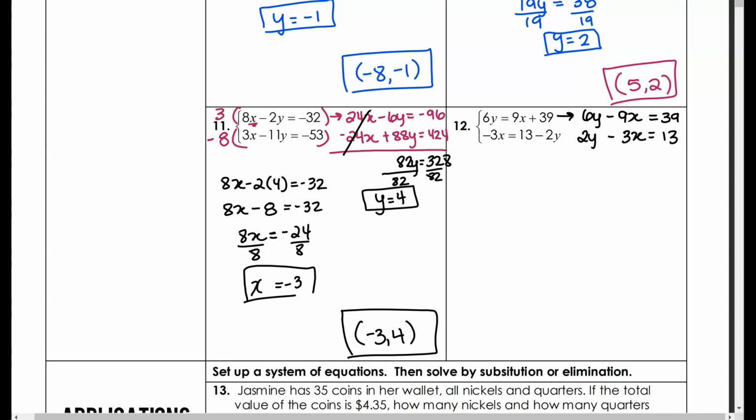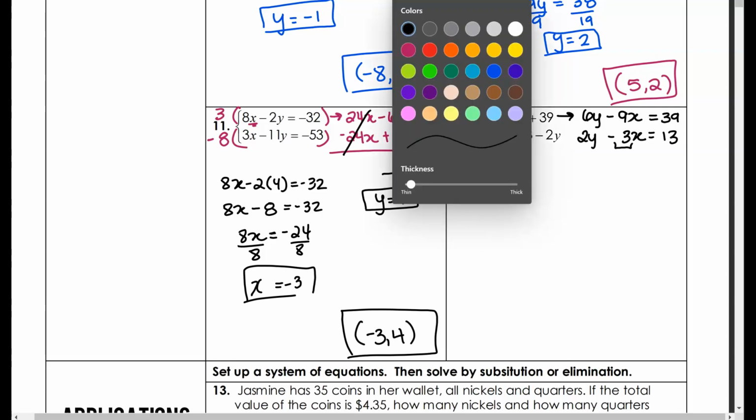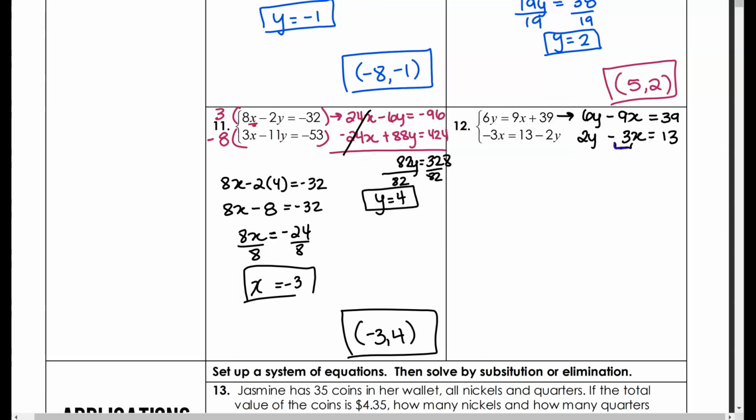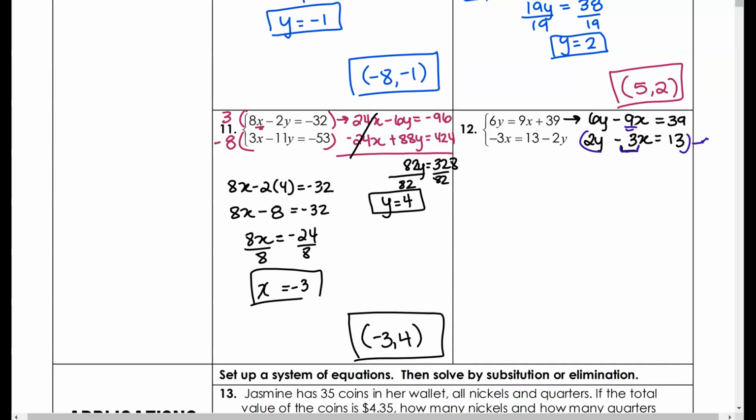If I look at the x value to get rid of, notice that if I take 3 and multiply it by 3, that will give me 9, and it would end up canceling out. But more importantly, I need to make sure that the signs also cancel out. So I'm going to take this bottom equation and multiply it by -3.